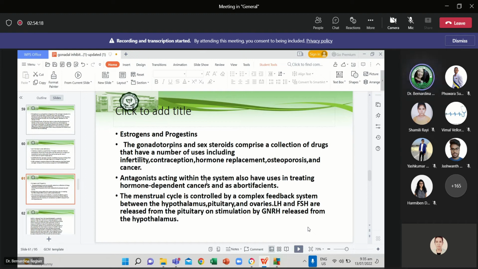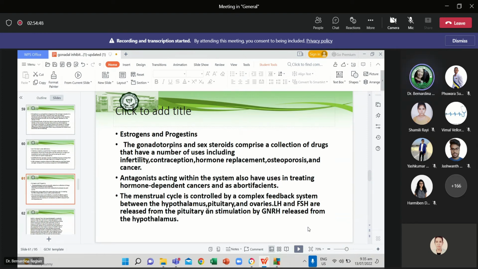Now, take note, the menstrual cycle is controlled by a complex feedback system between the hypothalamus, pituitary, and the ovaries. Luteinizing hormone and follicle-stimulating hormone are released from the pituitary upon stimulation by what hormone? Gonadotropin releasing hormone. Okay, very good.